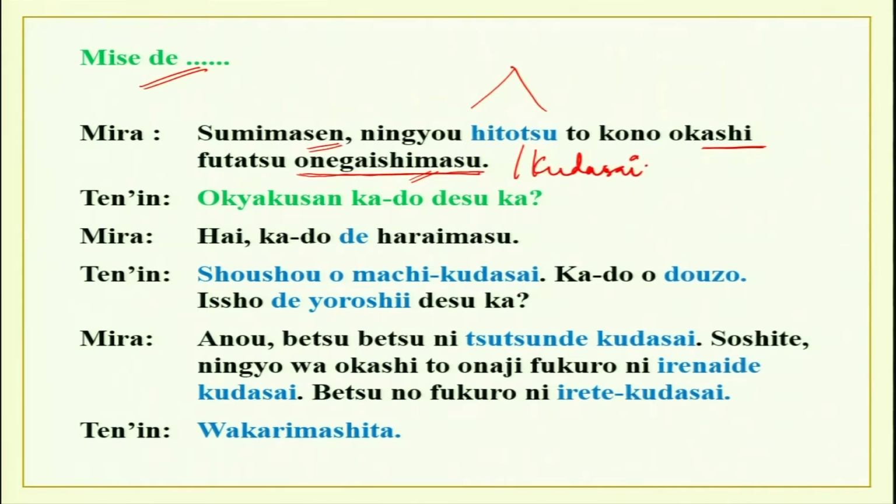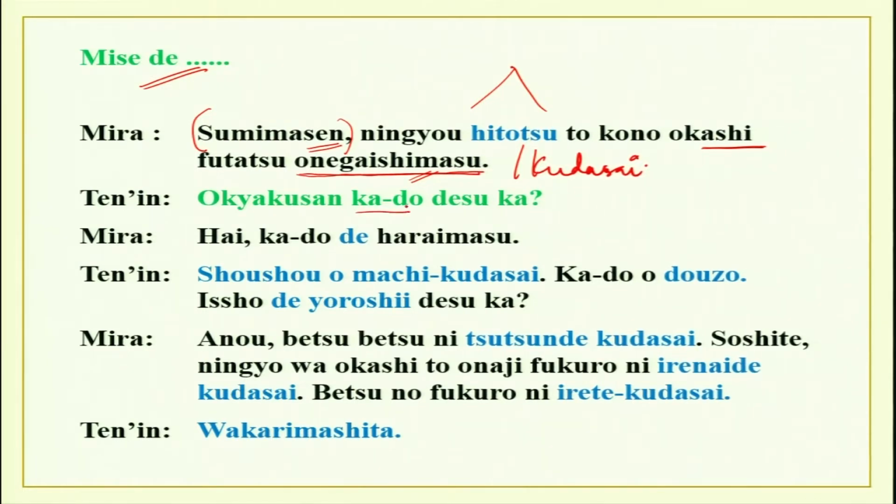Because she is asking him to do something for her, she is using this word sumimasen, which means both excuse me and sorry. Sorry for the trouble, and excuse me is drawing somebody's attention to yourself. Then the clerk says, Okyaku-san, kado desu ka?